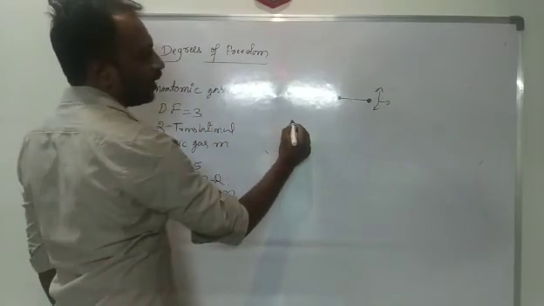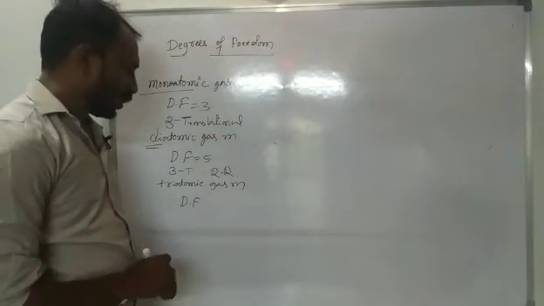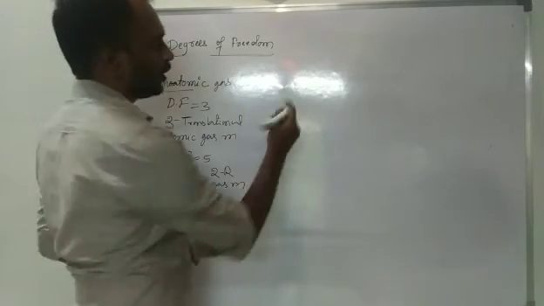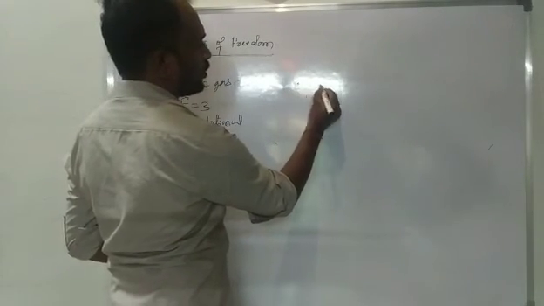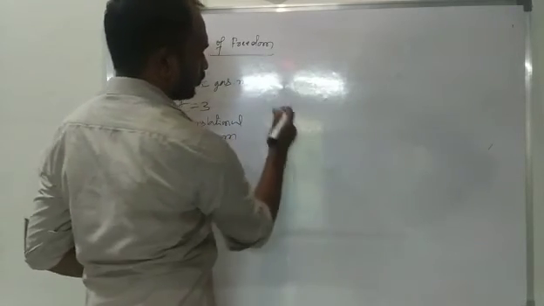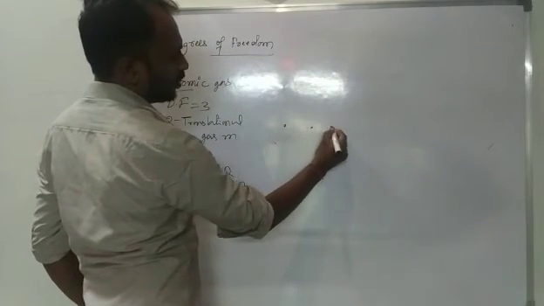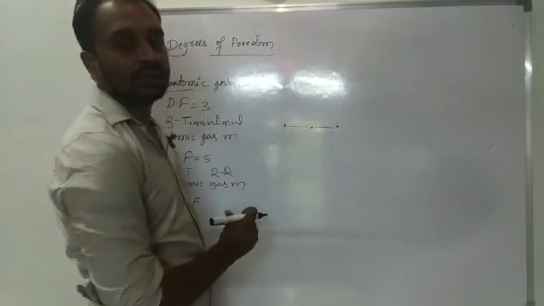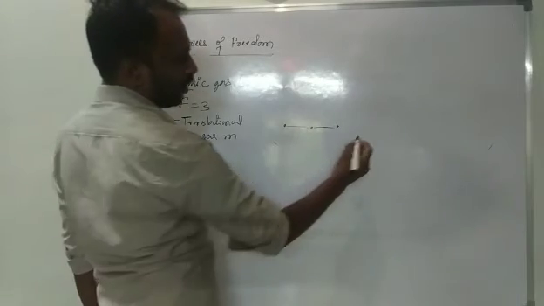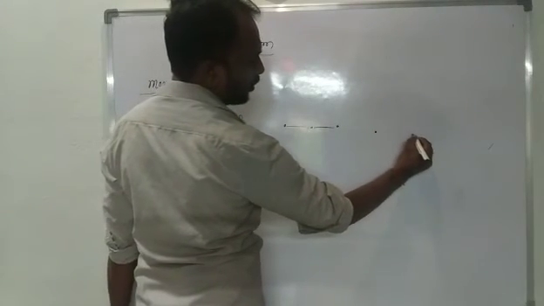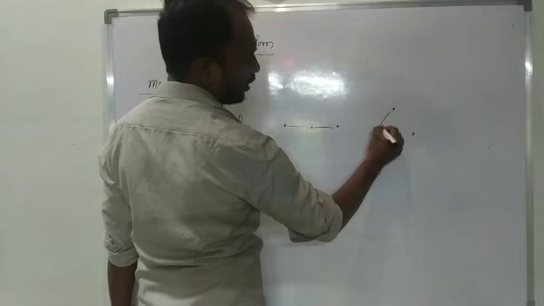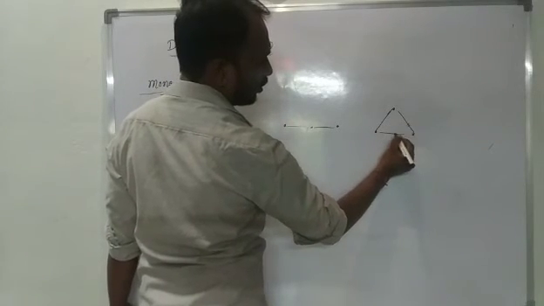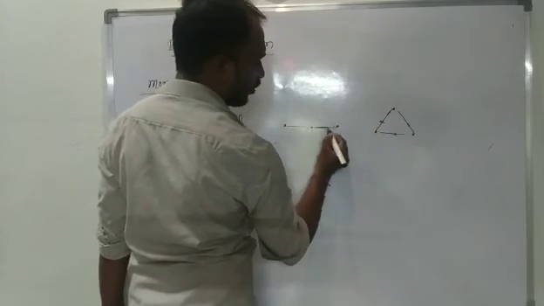So for triatomic gas molecules, the degrees of freedom: here we consider a total of 3 molecules, and these are a number of independent relations. Otherwise we consider 3 molecules present in a triangular shape, and these three we consider as a number of relations.